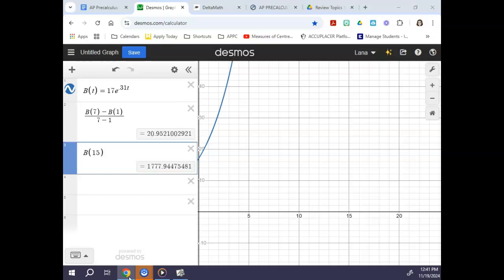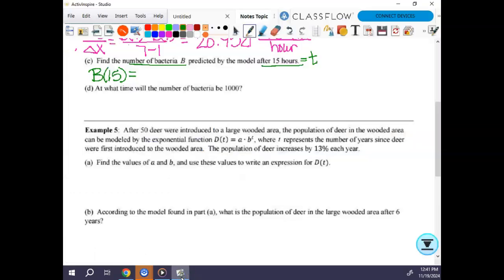So then we come back over here to write down our answer. B of 15 equals 1777.9447. And what are the units on this? Hours? Bacteria? Is this an input or an output? Output.